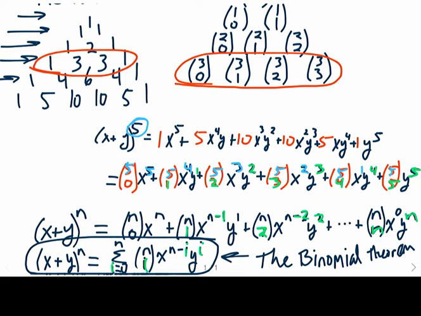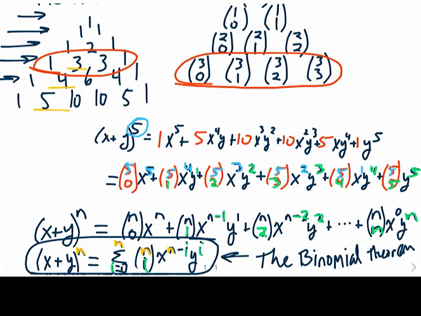And just to make it abundantly clear, the exponent in (x plus y) to the n is the n as the upper limit of the summation, and is the n in the combination, and is the number that starts the exponent on x. It is also the number of the row that we would use in Pascal's triangle.